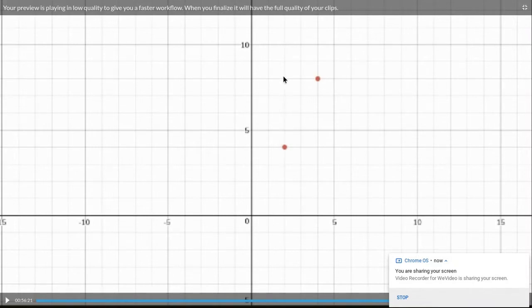So 4 would be on the top. Then you count how many spaces you go to your next point as your run. And it's 1, 2. So 2 would be on the bottom. And so that would be your rate of change. And that's what you do to get your slope on a graph.